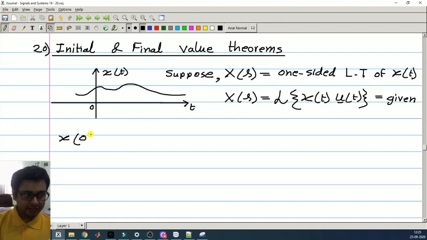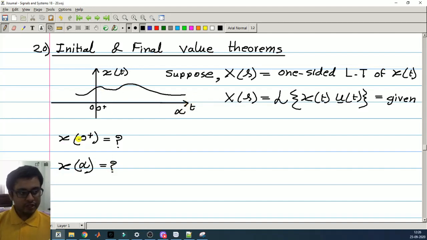Number one at 0 plus, that means here slightly after the point t equal to 0, what is the value of x, and what is the value of x at time tending to infinity. Okay, t tending to infinity. We want to know these two values.